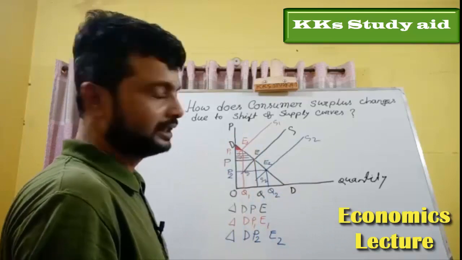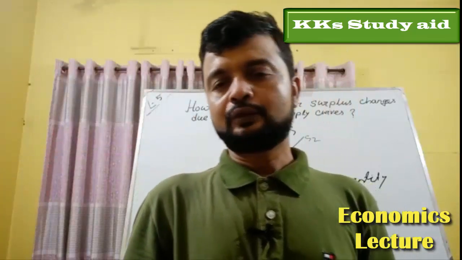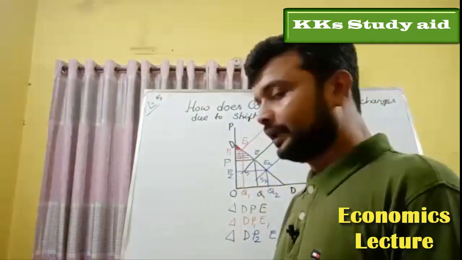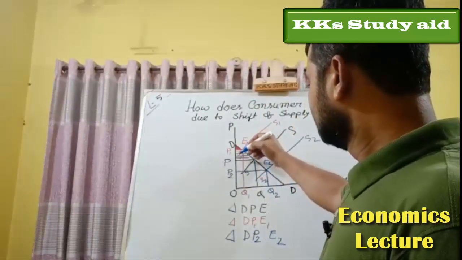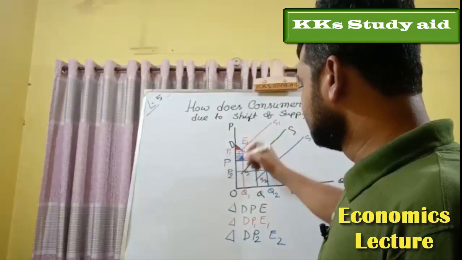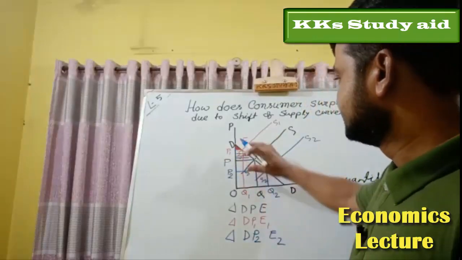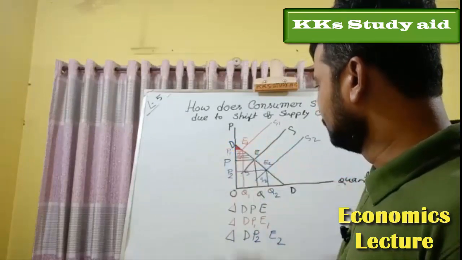So we see that when the supply curve shifts, there will be a change in consumer surplus. When consumer surplus is the smallest, the price is the highest, and when the consumer surplus is the largest, the price is the lowest.